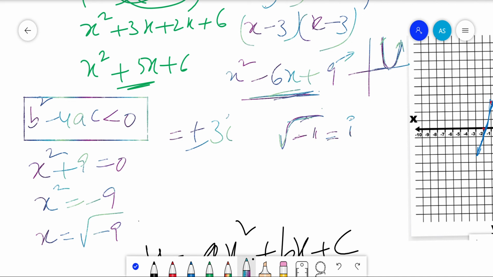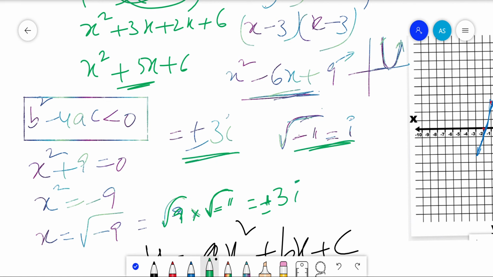So here you will get root 9 into root minus 1. That's why root 9 value is plus or minus 3 and root minus 1 value is i. So plus or minus 3i you will get. So x square plus 9 is equal to 0 has no zeros.